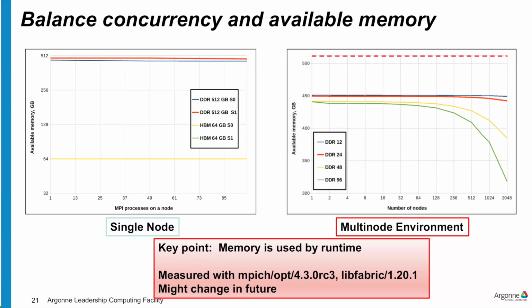Another consideration is the multi-node environment. Here on the right slide, you will see how much memory can be available through DDR when you use 12, 24, 48, and 96 MPI processors on a node, using up to a 2048 node environment. So the number of endpoints for the NIC interfaces is increasing.